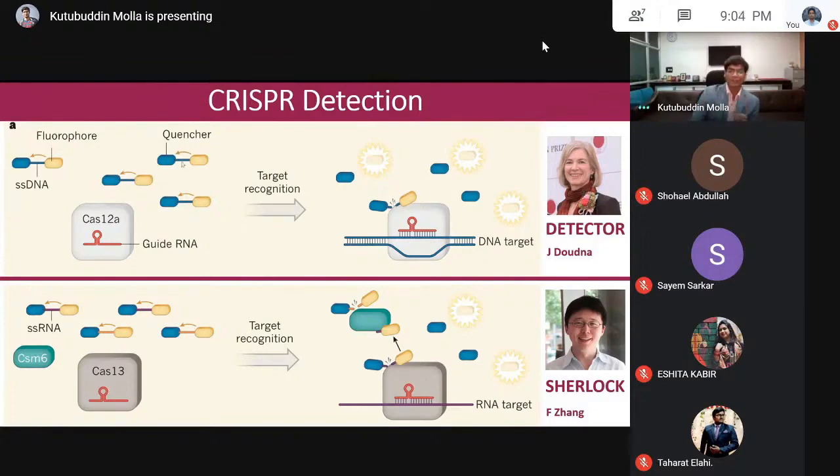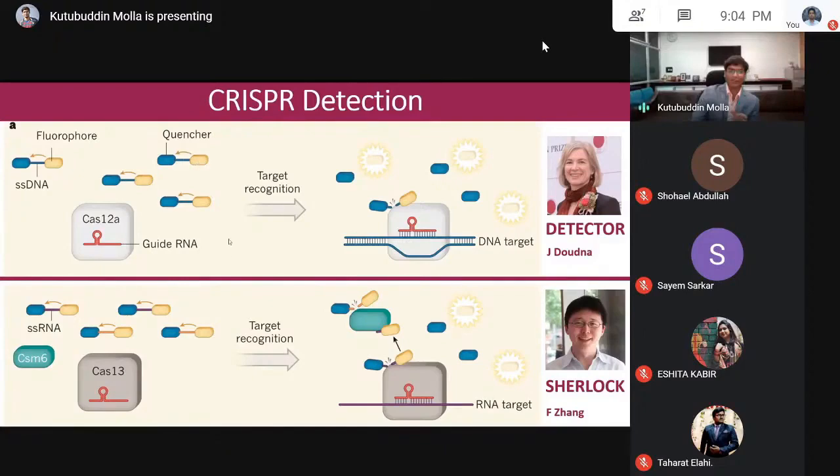So if you give this kind of DNA in the tube, with a reporter and quencher, this is a reporter dye that will fluoresce, but in the presence of the quencher, which is another suppressing molecule, when they are both present, they will not fluoresce. But when only this one is present, then they will fluoresce.